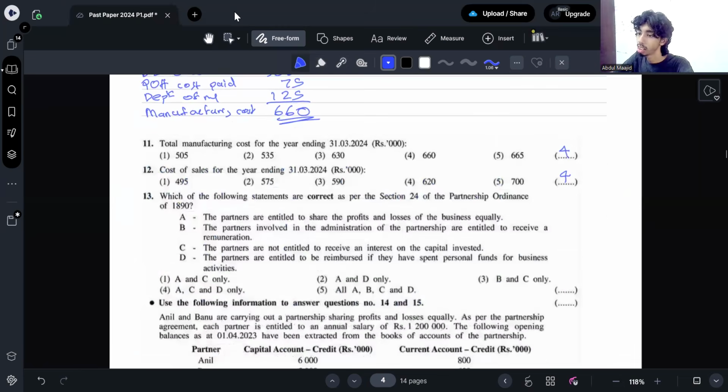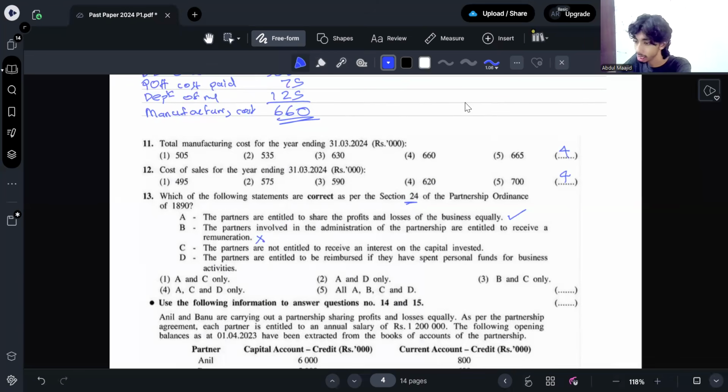Then 13th one. Which of the following statements are correct as per section 24 of the Partnership Ordinance? The partners are entitled to share profit and losses equally. Yes. As per section 24, you have to share profit and loss equally. Then the partners involved in the administration of the partnership are entitled to receive a remuneration. That means a salary?